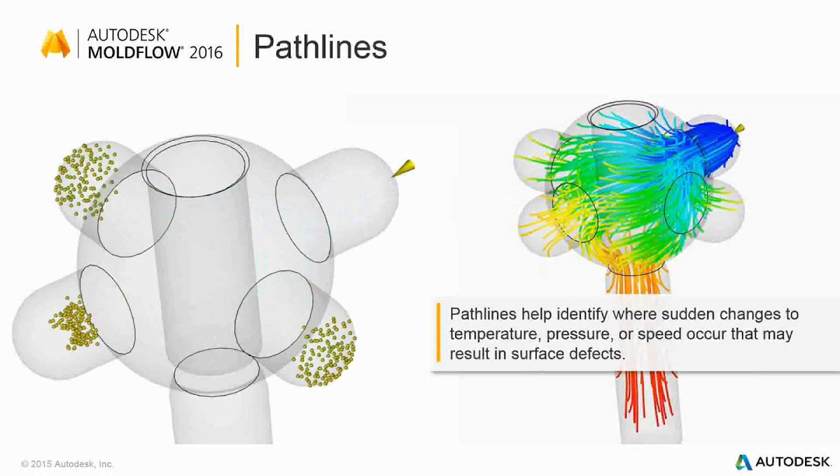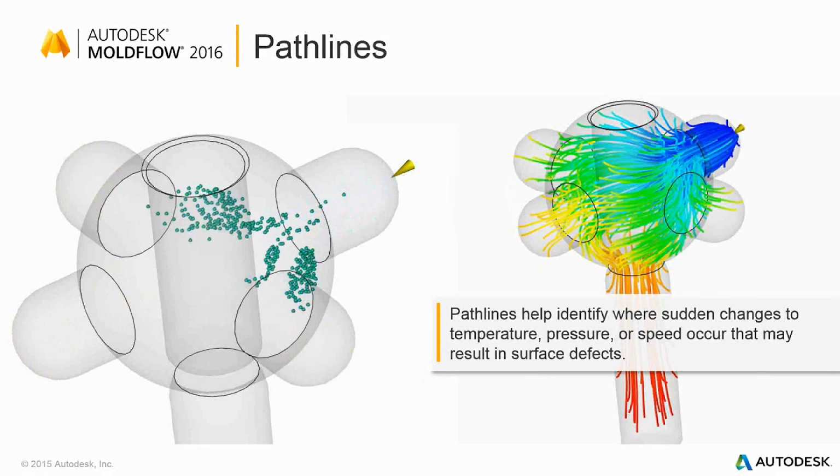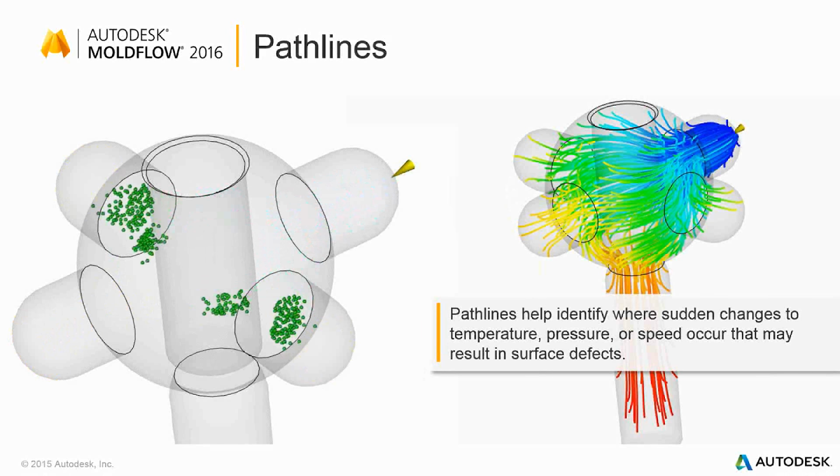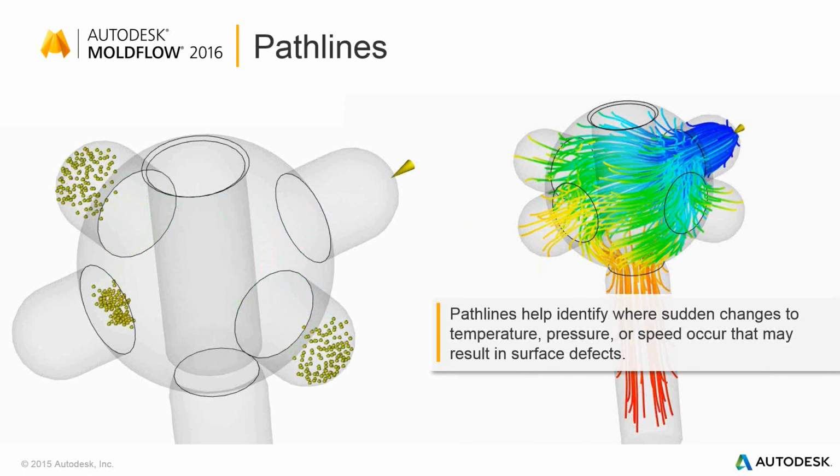And that helps us understand how material flows through a cavity. You'd have to look at this as how particles that end up on the surface flowed through, and which areas they were flowing through at a specific point in time during the molding process.